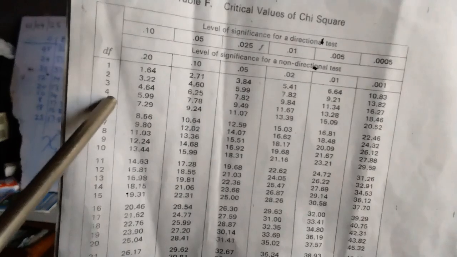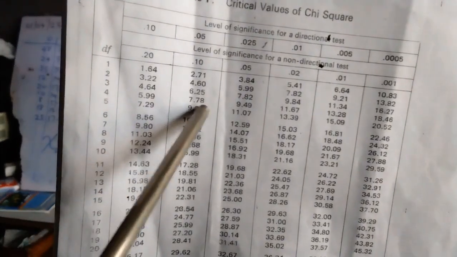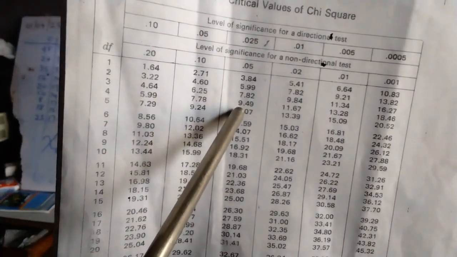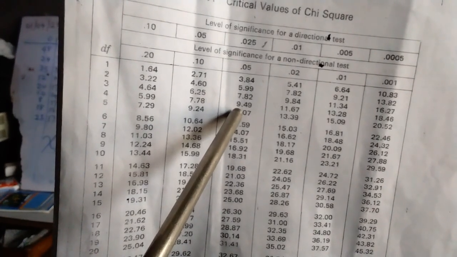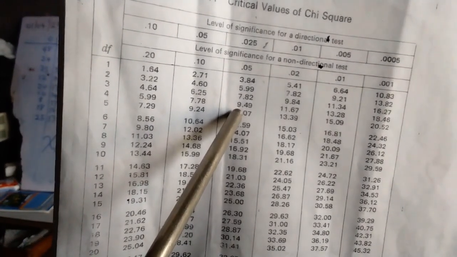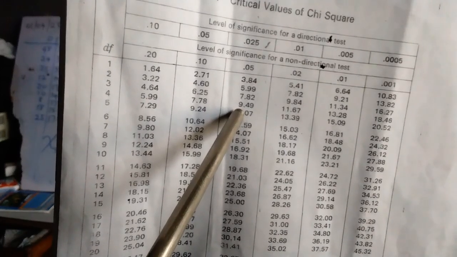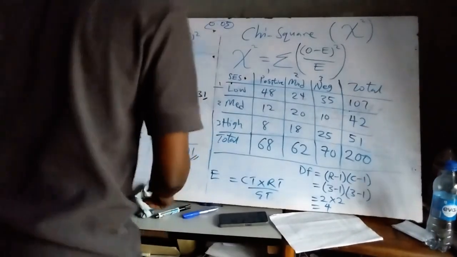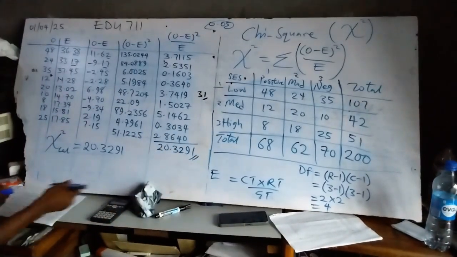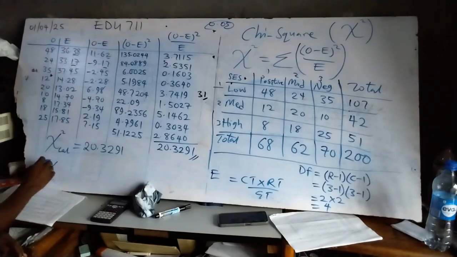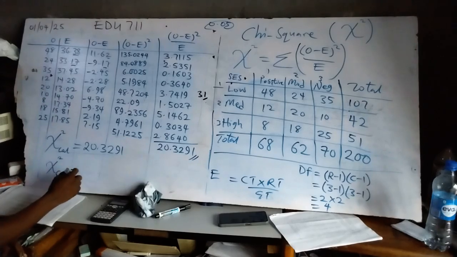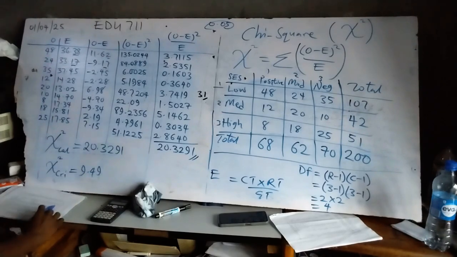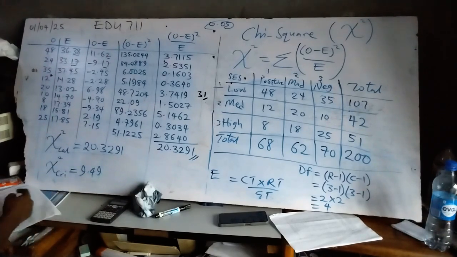So that is 9.49. So our chi-square critical is equal to 9.49.